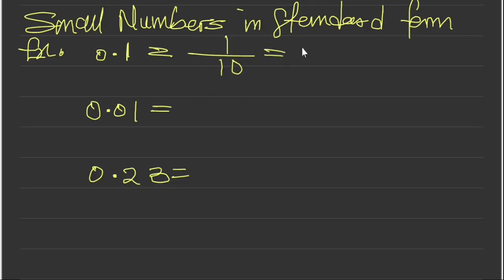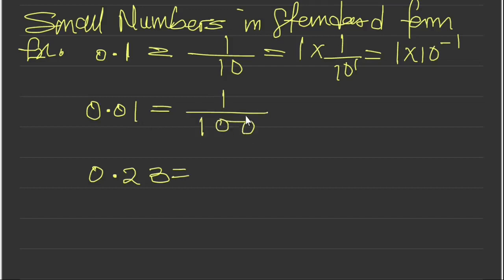And 1 over 10 is 1 times 1 over 10 raised to the power 1, which can be written as 1 times 10 raised to the power minus 1. So 0.01 will be written as 1 over 100, which is 1 times 1 over 10 raised to the power 2, which is equal to 1 times 10 raised to the power minus 2.